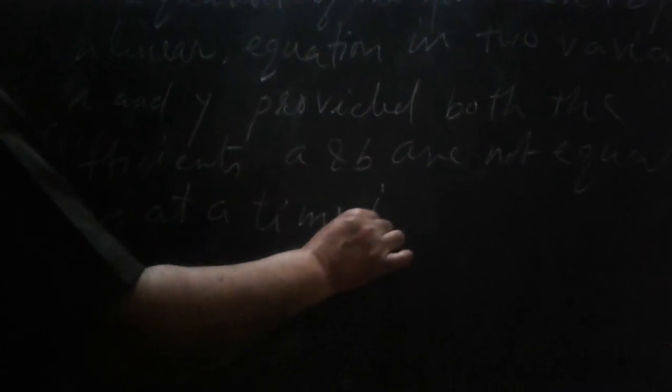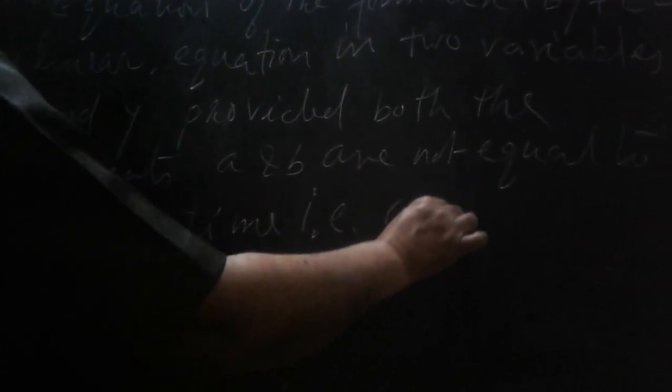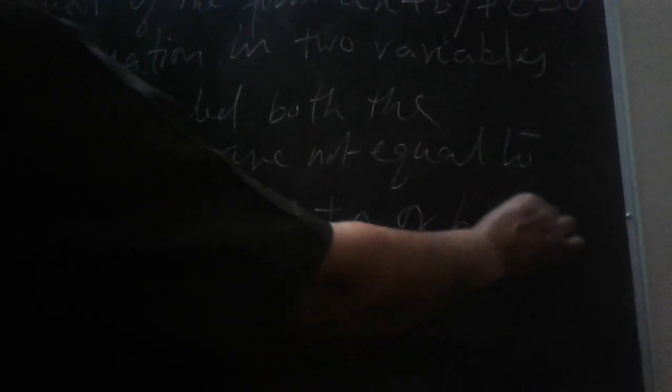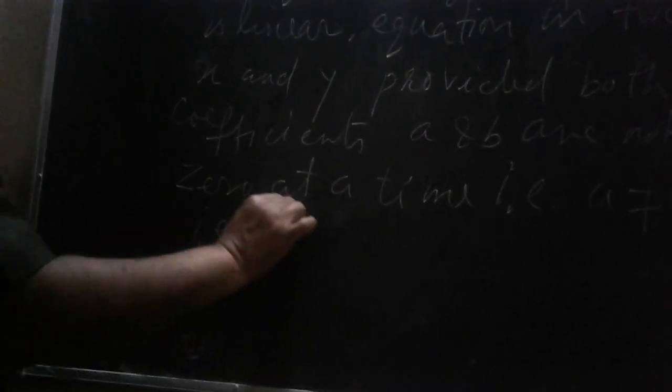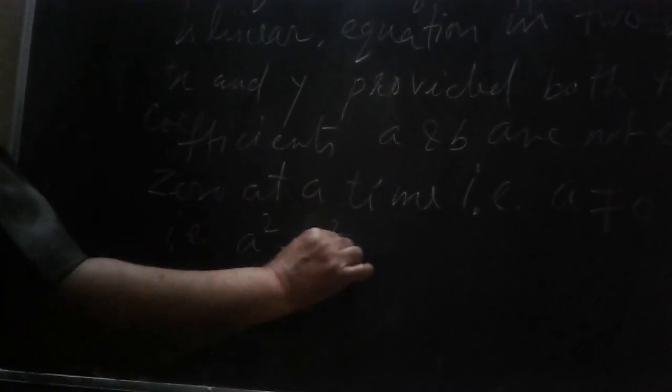That is, a not equal to 0 or b not equal to 0. That is, a square plus b square not equal to 0. This is about linear equation in two variables.